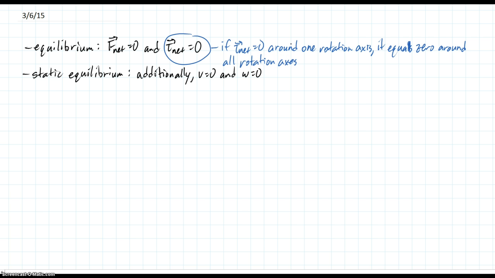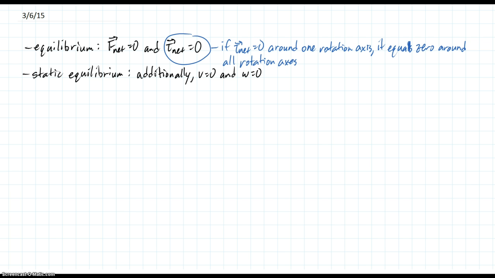And this greatly simplifies equilibrium problems relative to the more general case where the net torque is not equal to zero. Remember that torque depends on the relationship between the pivot point, or the rotation axis, and the force being applied to the object, and so different rotation axes could give us different torques. But if the net torque is zero for one axis, it's zero for all axes.